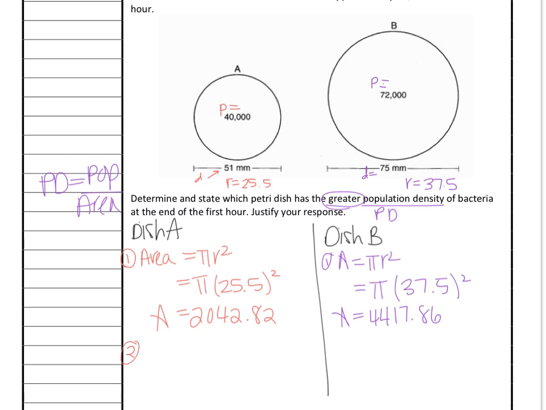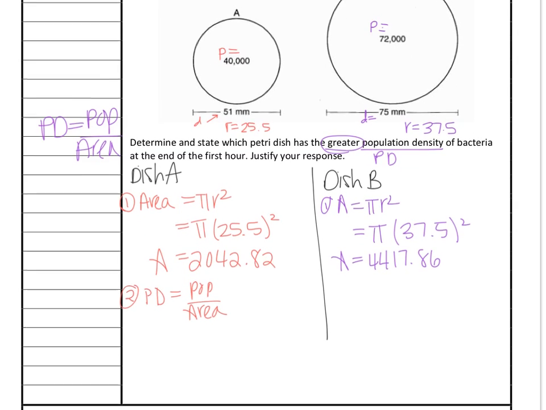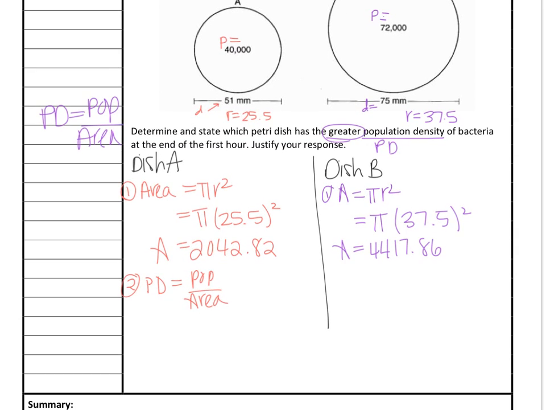Now we're going to look and find the population density. PD equals population over area. So I'm going to calculate it for the first one, then you can go back and calculate it for the second one on your own. All right, population of dish A was 40,000. And we're dividing it by the area, which we found was 2,042.82.